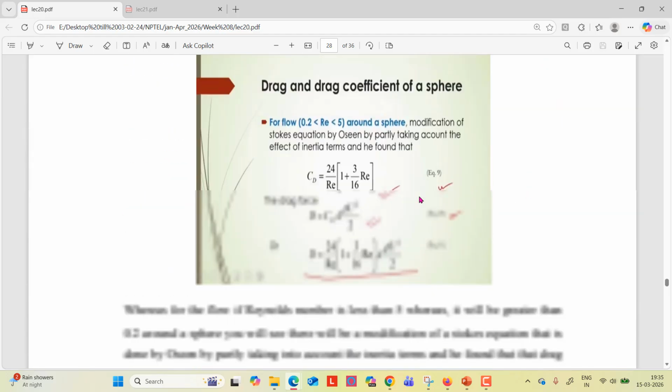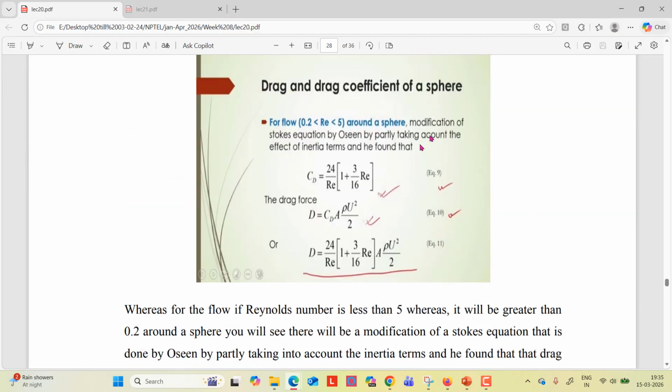Okay, and for different shapes, there is a modification of the Stokes equation by Oseen, partly taking account of the inertia terms. So now the empirical equations come, and this drag coefficient formula is changing a little bit over time. Okay, you can see.